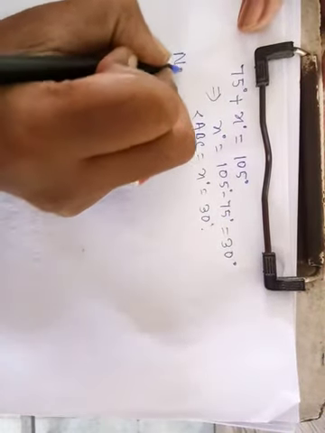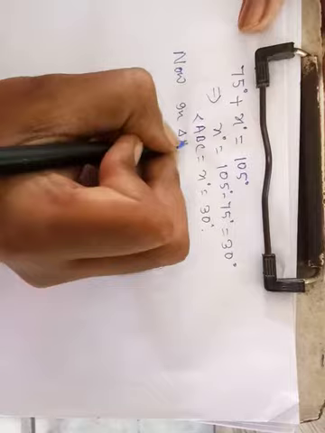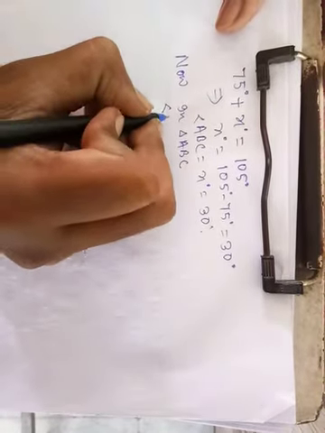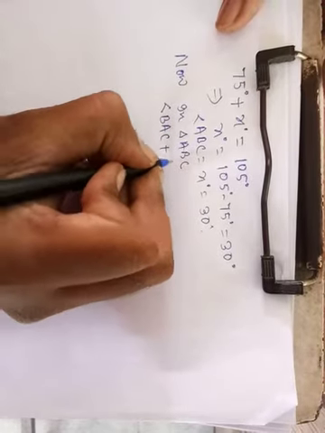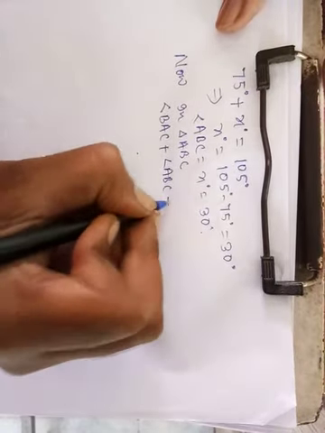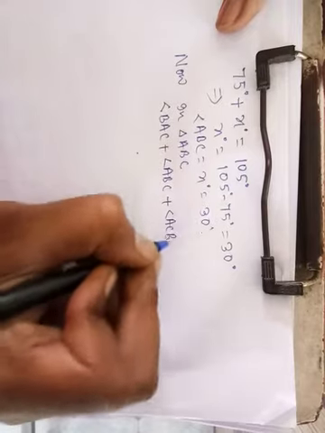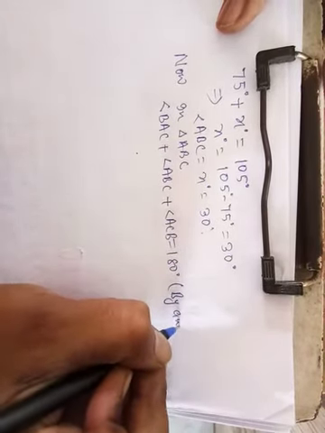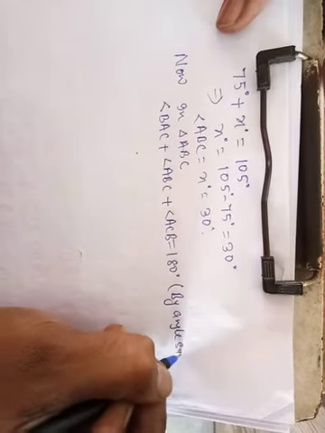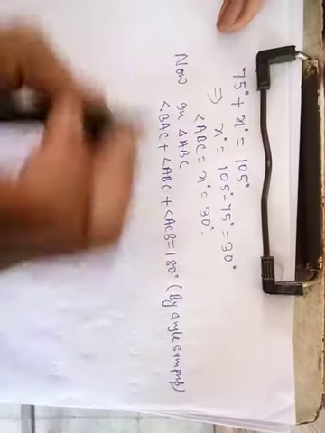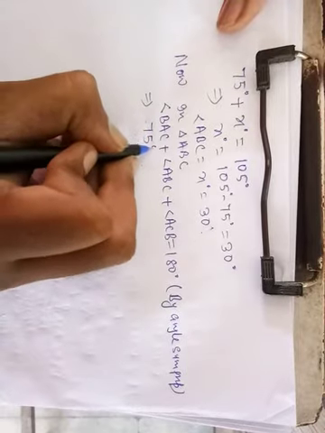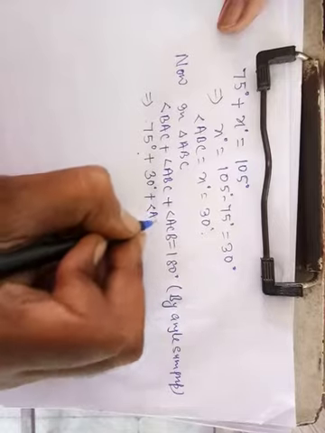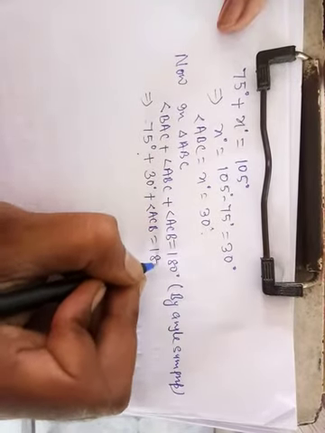Now in triangle ABC, angle BAC plus angle ABC plus angle ACB is equal to 180 degrees. By which property? By angle sum property. So angle BAC is equal to 75 degrees, angle ABC is equal to 30 degrees, plus angle ACB is equal to 180 degrees.